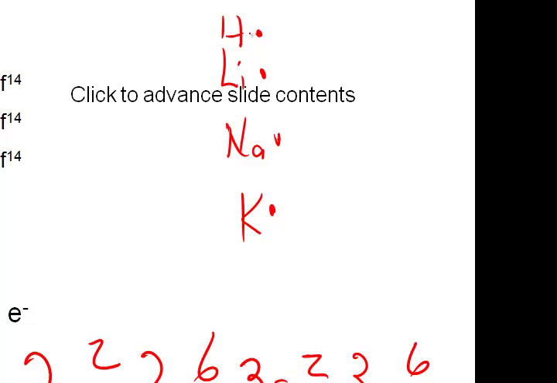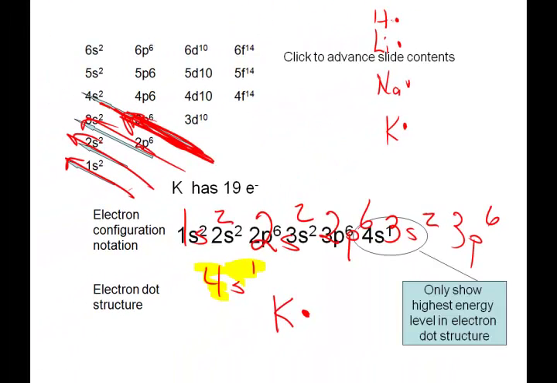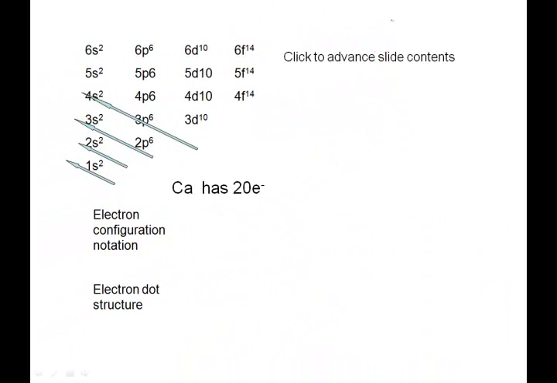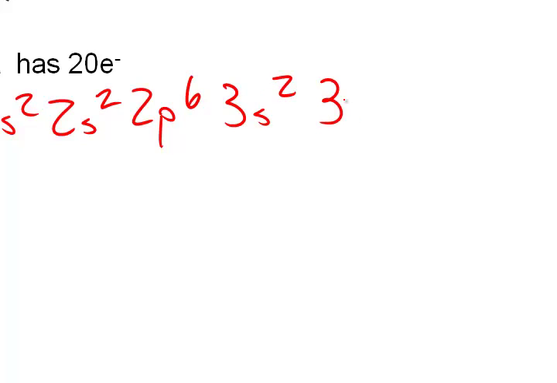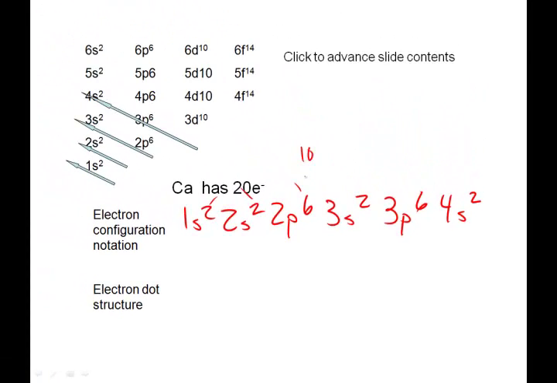Now, as we move past potassium to atomic number 20 and go to calcium, calcium is going to be 1s2, 2s2, 2p6, 3s2, 3p6, 4s2. Did I get that right? Is that 22 electrons? 2, 4, 6 is 10 at this point.